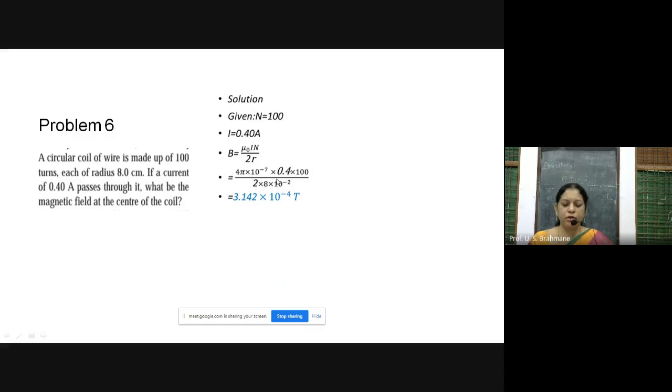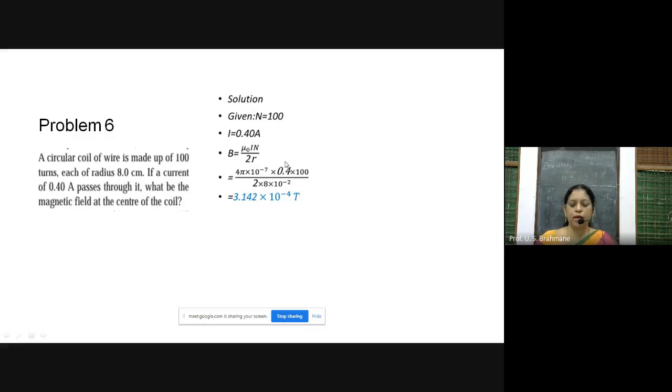It is a universal constant actually, so you should know this. Into I, I is 0.40, into n is 100, divided by 2R. Now 2 and R, the radius, is 8 into 10 raised to minus 2.